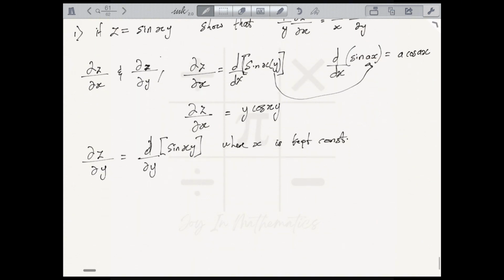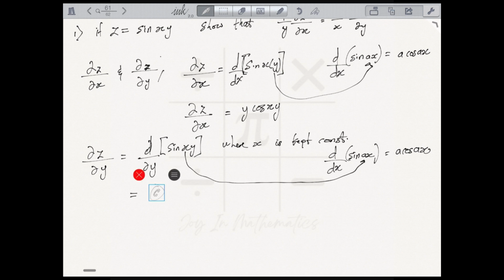Now we recall again that whenever we differentiate sine ax, we have a cos ax. Now since our x is kept constant, our x is similar to a. Therefore, this will give us x cos xy.